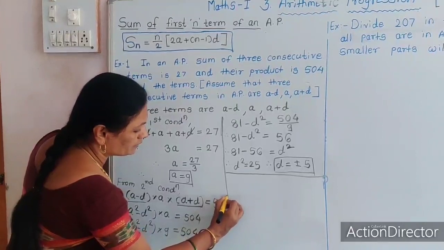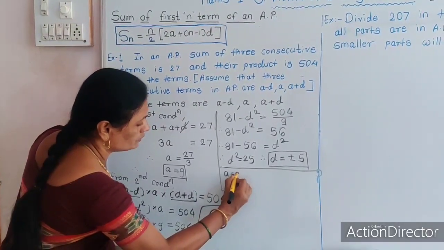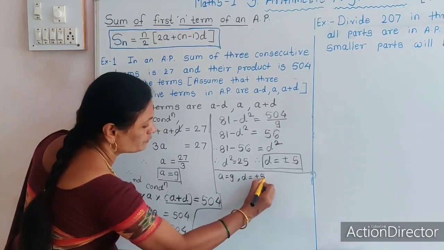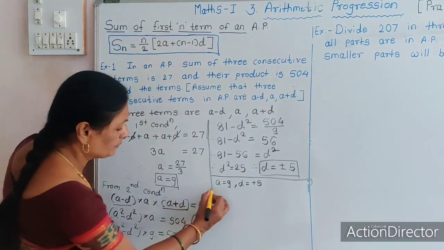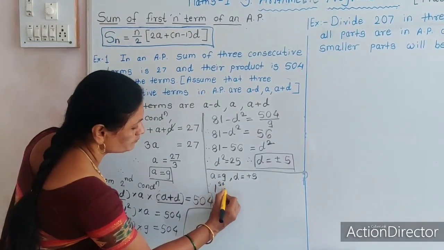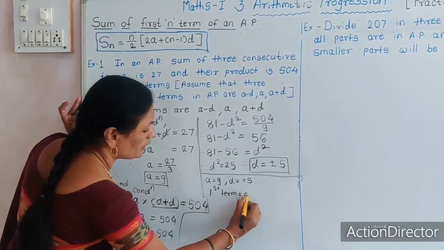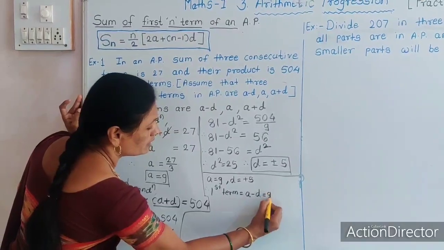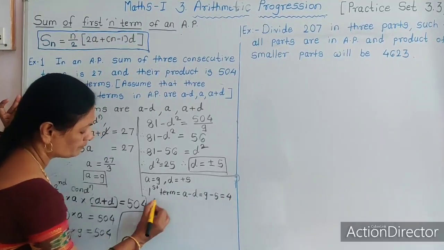First we take a is equal to 9 and d is equal to plus 5. Therefore, the first term is a minus d is equal to 9 minus 5 is equal to 4.